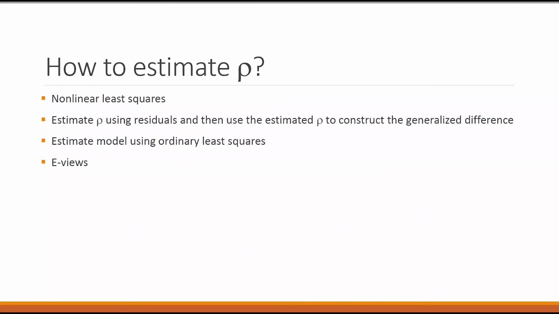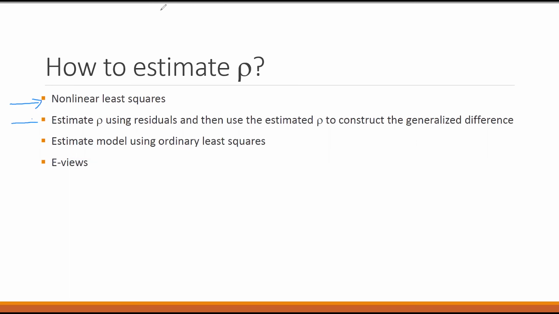All right. Lastly, the rho. Remember the slope coefficient in the residuals equation? We were assuming rho to be 1 when we use differencing. Well, in practice, there are times when it's maybe not appropriate to use differencing, right? But in that case, how do we estimate rho? There are several options. The first one is we can do nonlinear least squares to estimate rho.